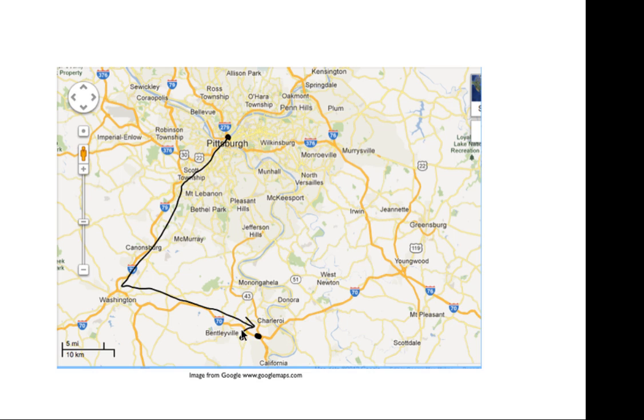So maybe this is 50 kilometers and then maybe another 30 kilometers this way. So our total distance that we would have traveled is 80 kilometers. So 50 plus 30 is equal to the 80 kilometers. This is the distance that we traveled.